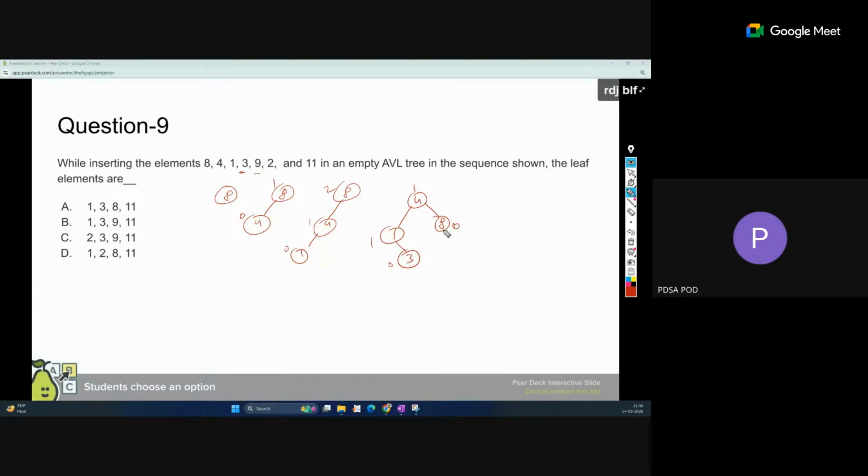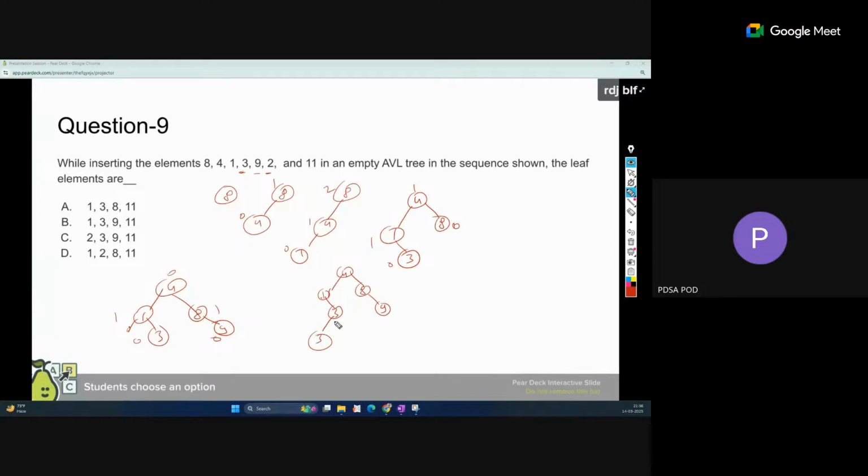Now 9 will be added on this side. 9 is greater than 4 and 8, so 9 will be added here. So again still 0, 0, 1, 1, 0. Then 2 will be inserted. 2 is greater than 1 but smaller than 3.